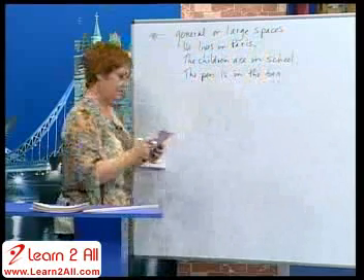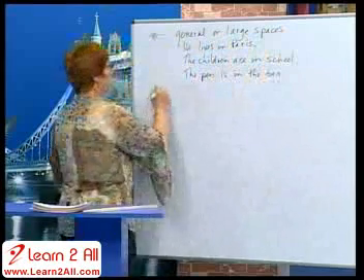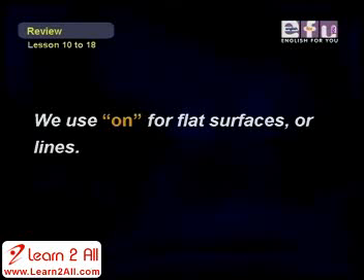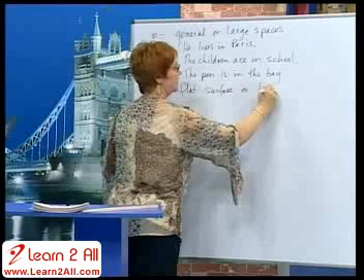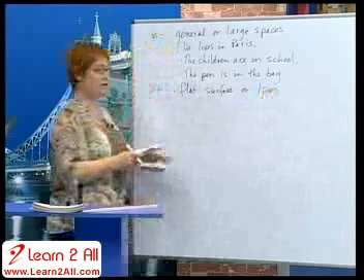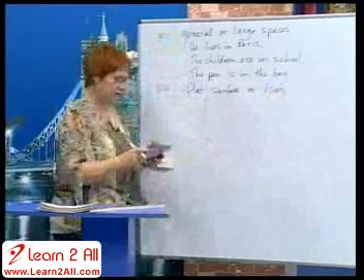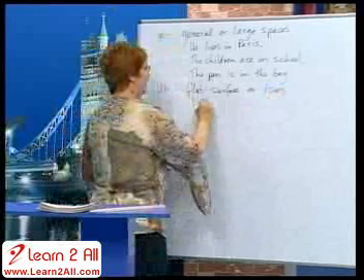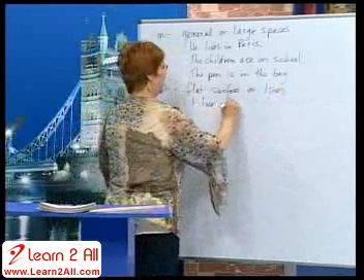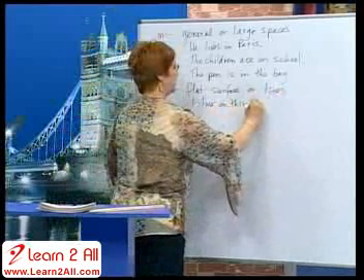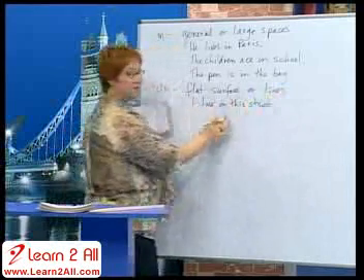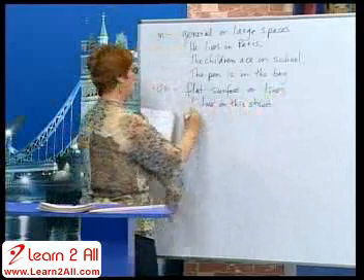Now, with on, remember, on is for flat surfaces or lines, like a street or a road. This is a flat surface. So, I live on this street.